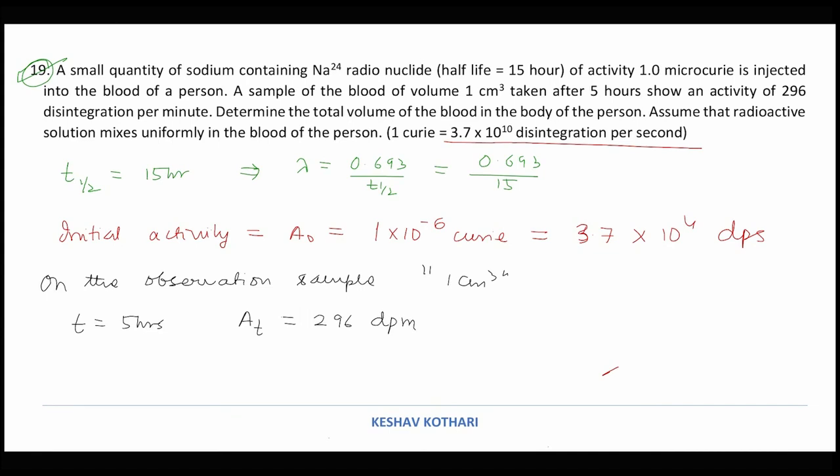If we use the formulation A_t is equal to A0 e^(-λt), we can calculate the initial activity of the 1 cm³ sample. So over here we are solving for A0. A_t is equal to 296, which is equal to A0 e^(-0.693/15 × 5), and since the time is in hours, we are putting 5 also in hours.